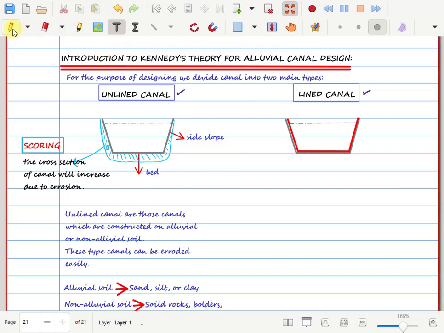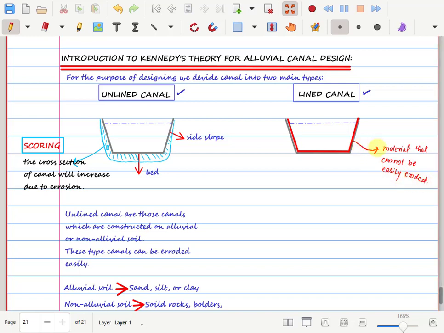So what is this? This may be some sort of material that cannot be easily eroded.